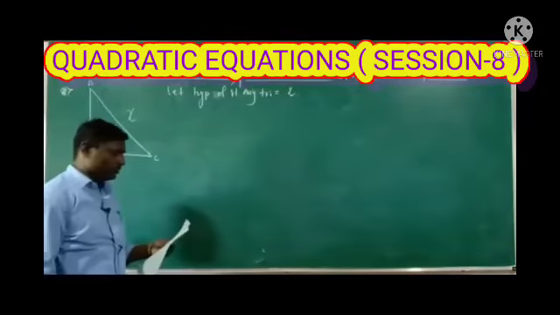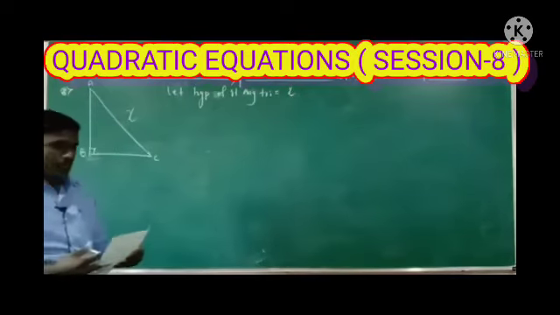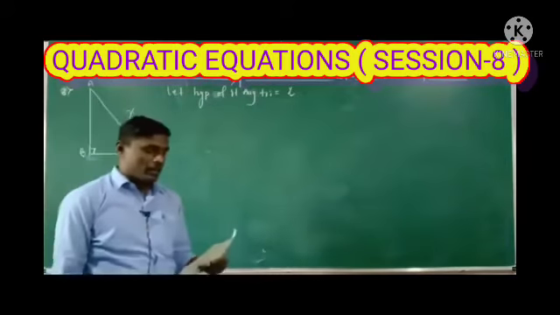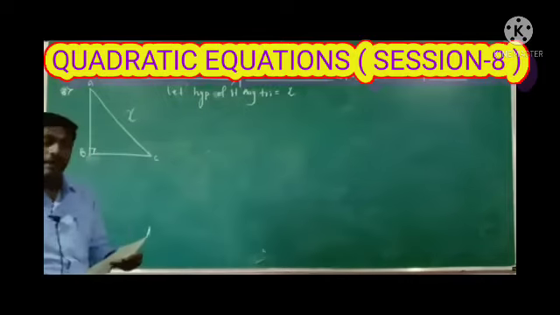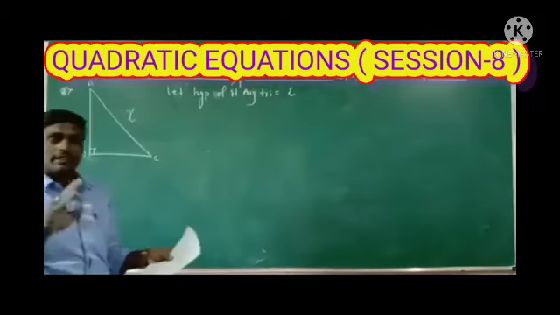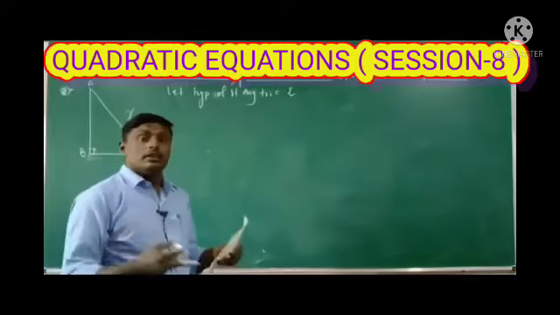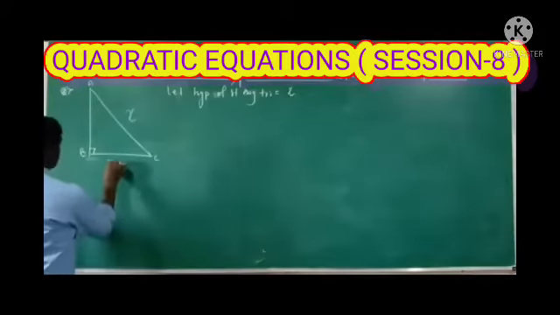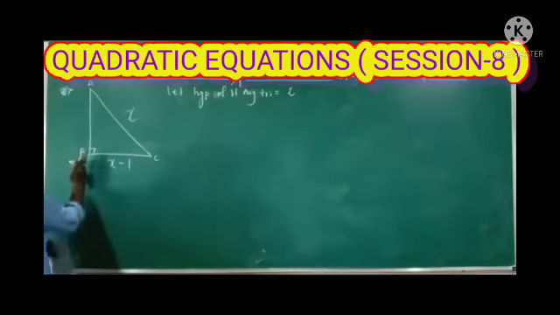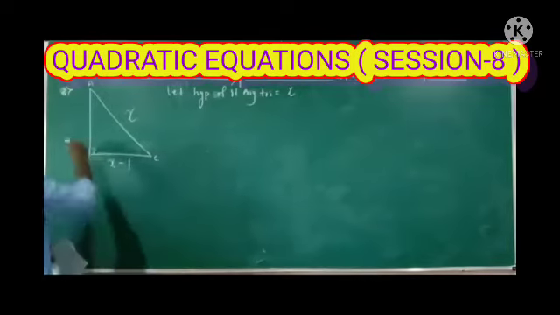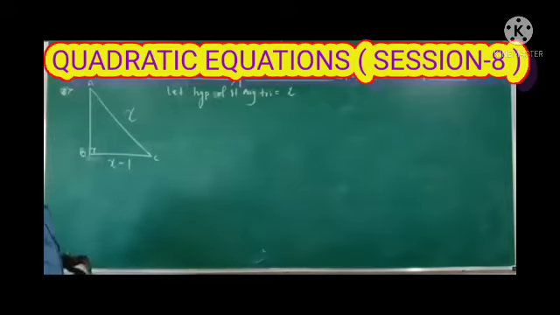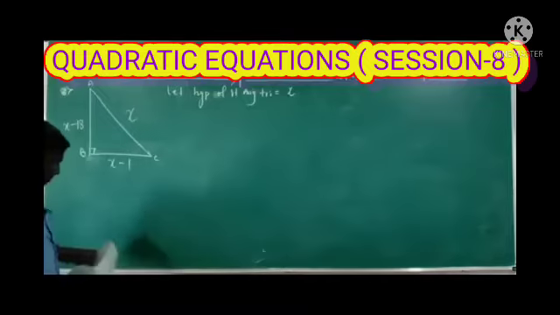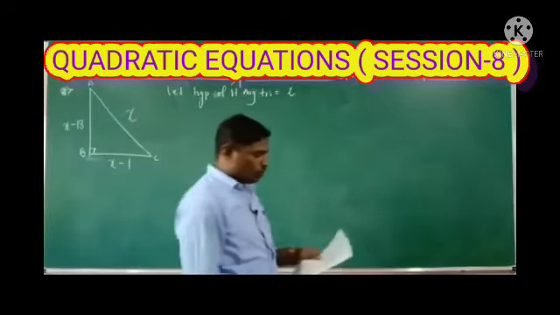Next, it exceeds one side by 1 centimeter and another side by 18 centimeter. Exceeds means you take the minus, so one side is x minus 1. Either you can take BC as x minus 1 or AB as x minus 1, and another side is x minus 18. So these are the two sides.